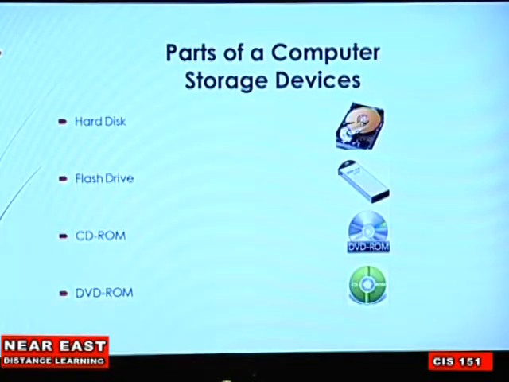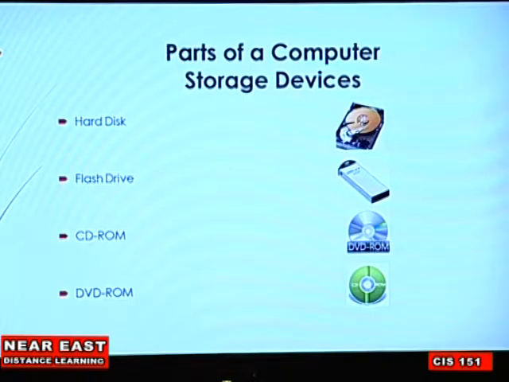If you want extra memory, you can buy another hard disk on the side, and you can take it with you to your job, to your work, to your school. You can still use it. It's a good way to have an external hard disk.